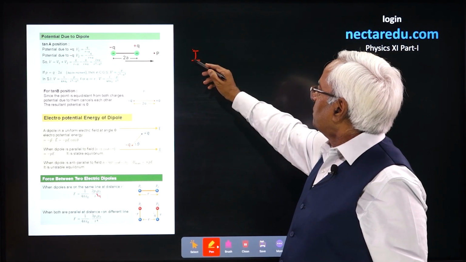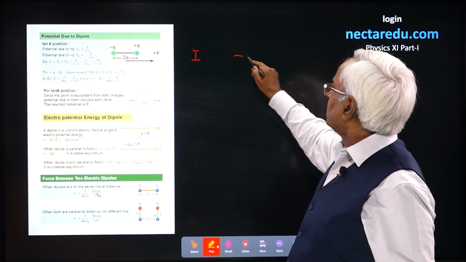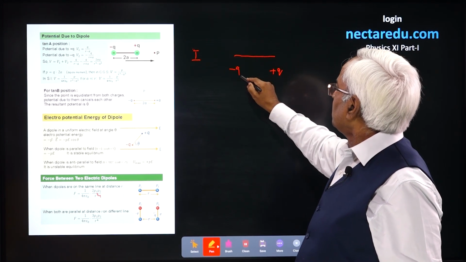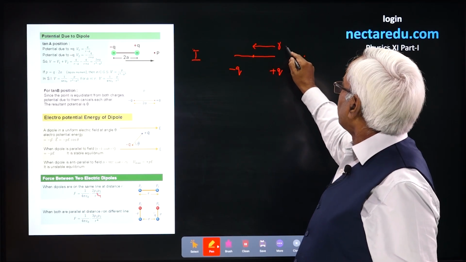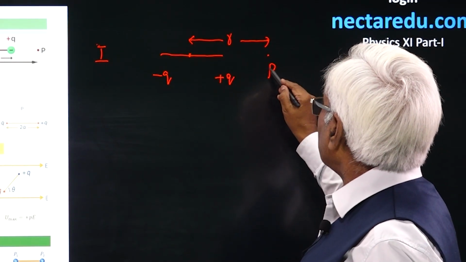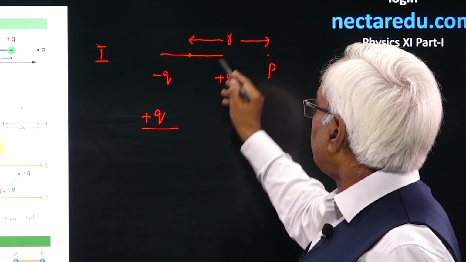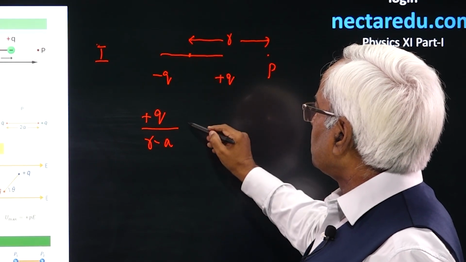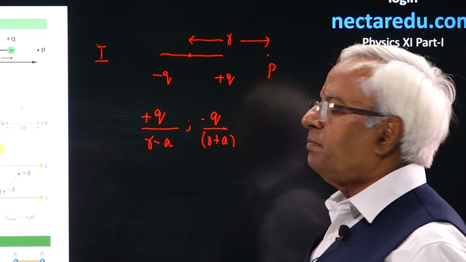First of all, the position on the axis, known as the axial position, like this one, with minus and plus charges. If you consider a point at a distance r from here, at this point the potential because of q is going to be positive, q upon r minus a, and due to minus q it will be minus, and the distance will be r plus a.